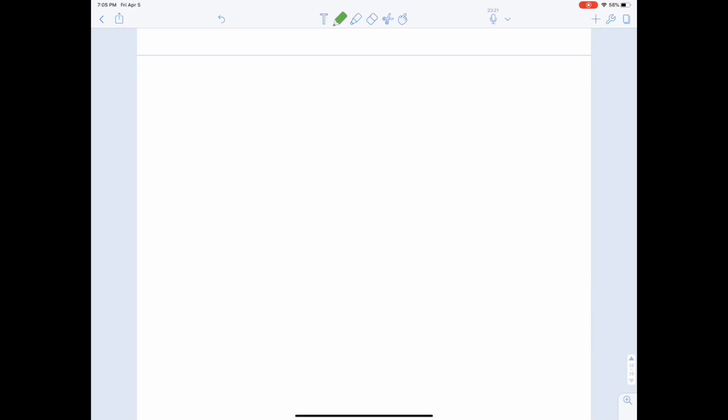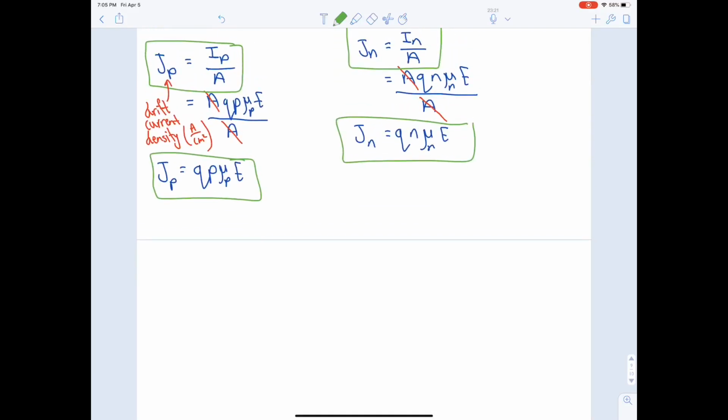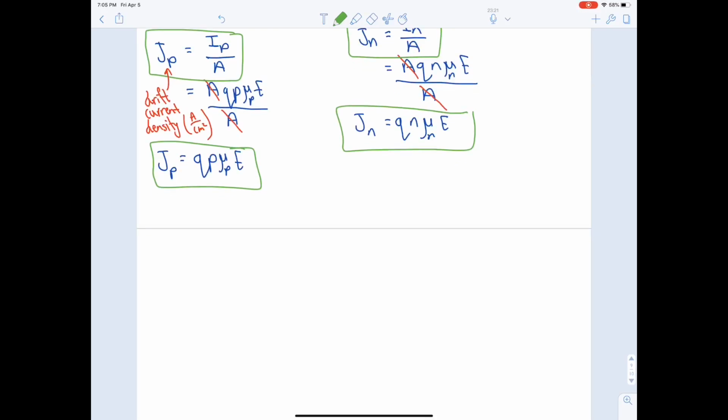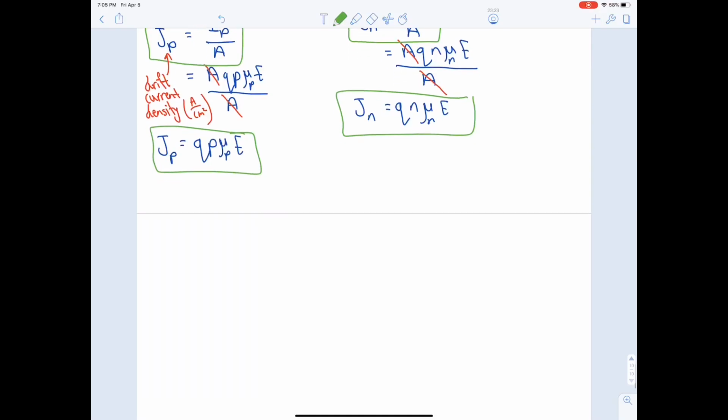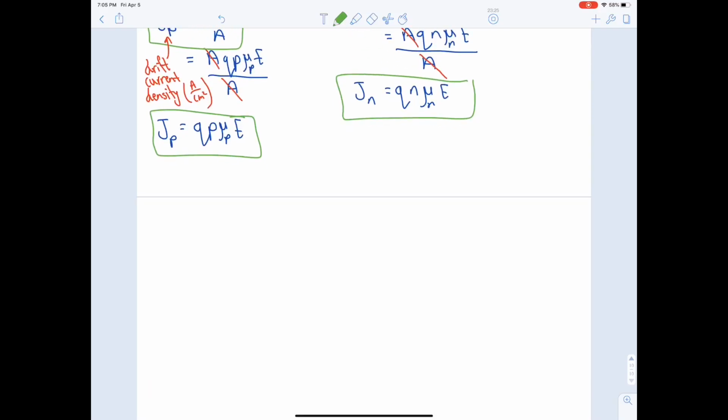Moving on. Now, we have discussed the drift current density for the p-type and the n-type. We also have the total drift current density. What is the total drift current density? It is the sum of Jp with Jn.